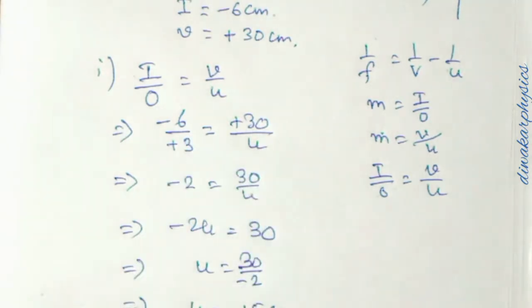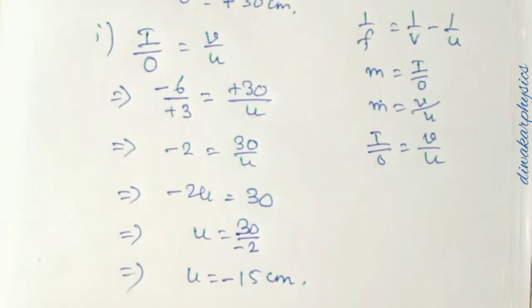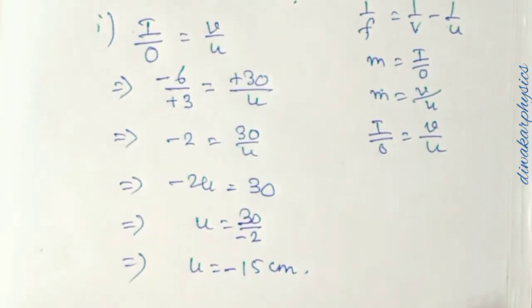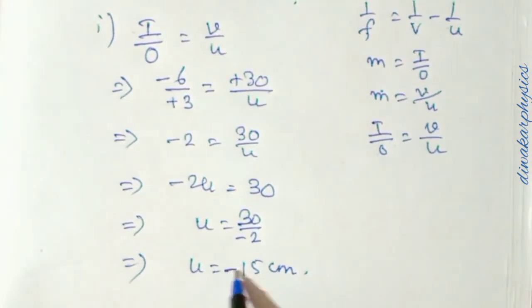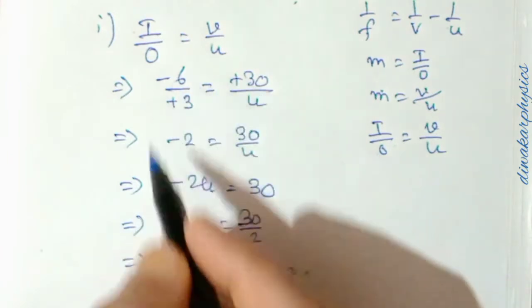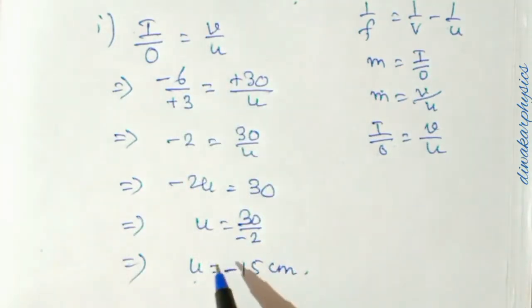Put the signs of only known quantities. And interestingly, in the answer you will get the correct sign of the unknown value. That is u is equal to minus 15 centimeter. So you see here I have got u negative, so I am correct. In any case, if you get u positive here, then you may check that some steps are wrong, then you can correct it, re-verify it.